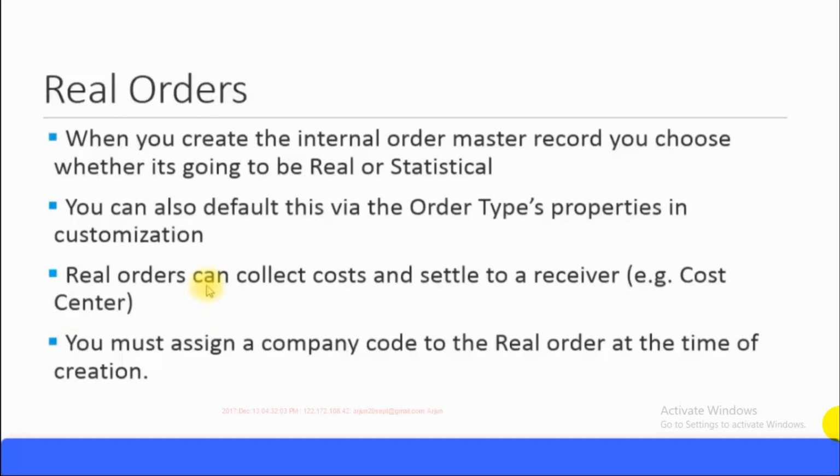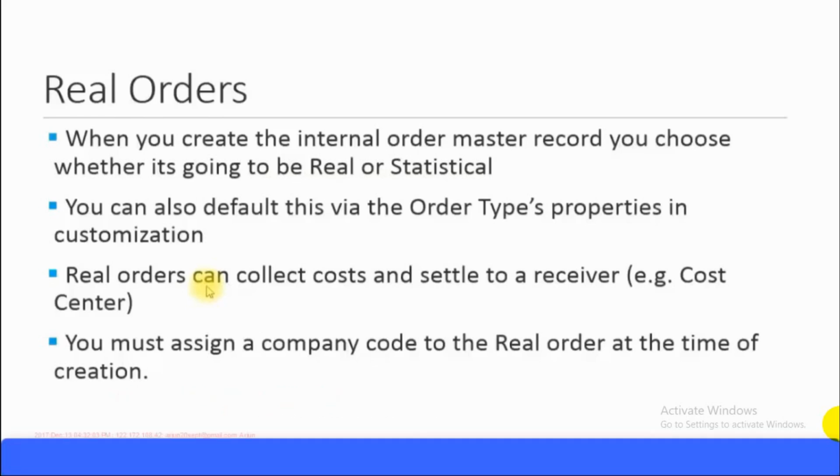So rather than having to specify both the cost center and the internal order, if you create them as a real internal order, and in the real internal order you specify to settle to this particular cost center, then all the user has to enter is the internal order only. They don't have to enter two cost objects, they just have to enter the internal order ID.